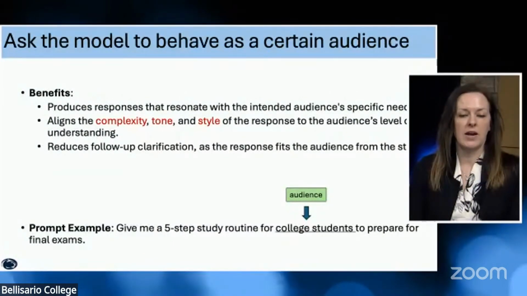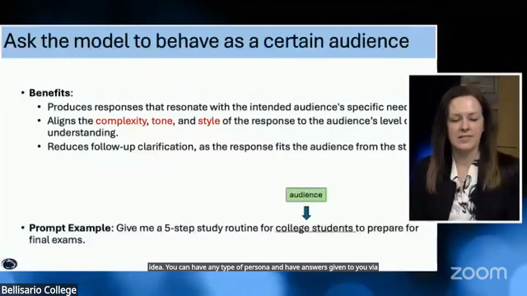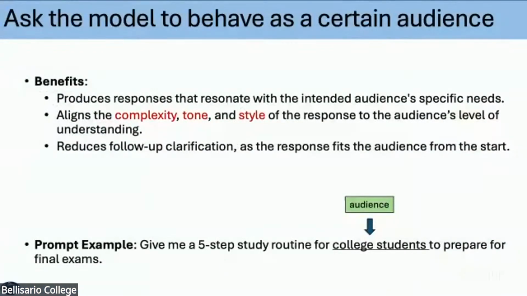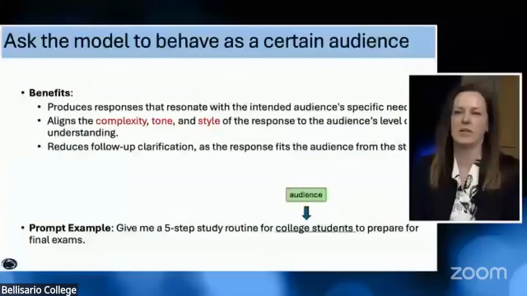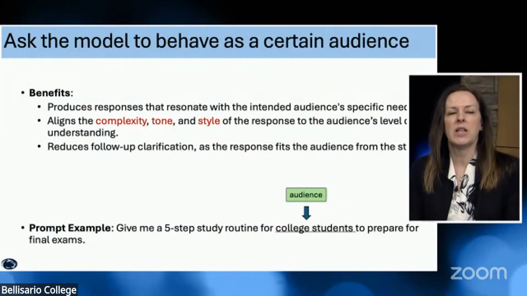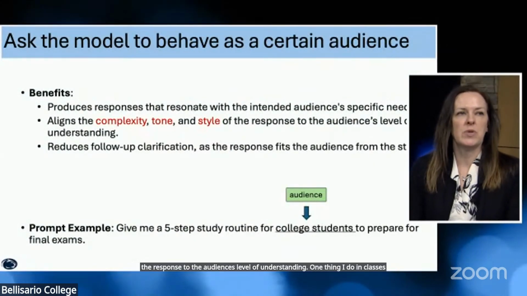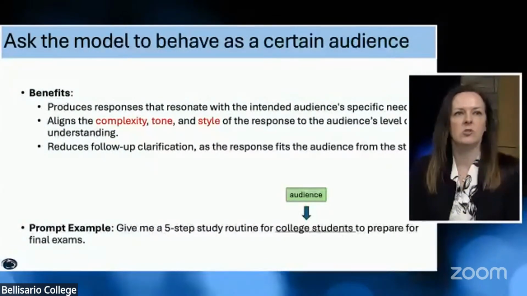Ask the model to behave as a certain audience. This is really helpful as well. Here we're producing responses that resonate with the intended audience's specific needs, aligning the complexity, tone, and style of your response to the audience's level of understanding. So one thing I do in class is I have the students explain what helium is to a 5-year-old, and explain what helium is to a college student.